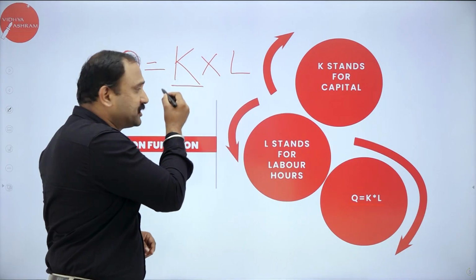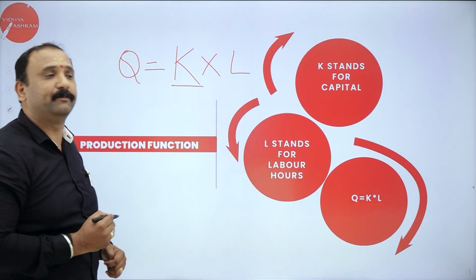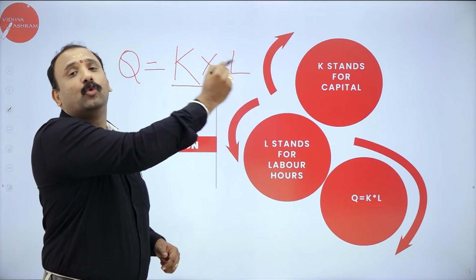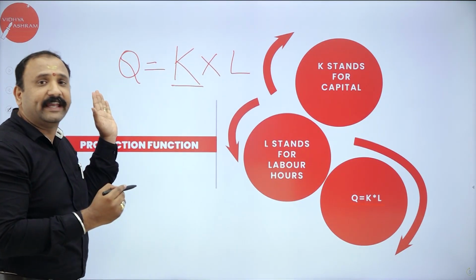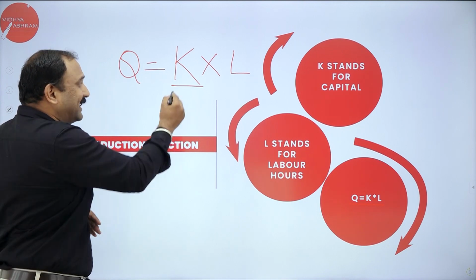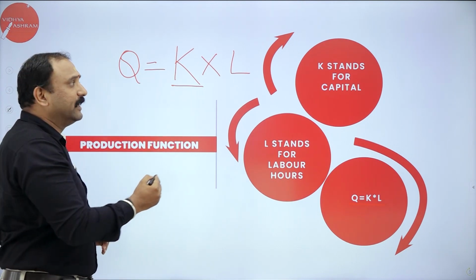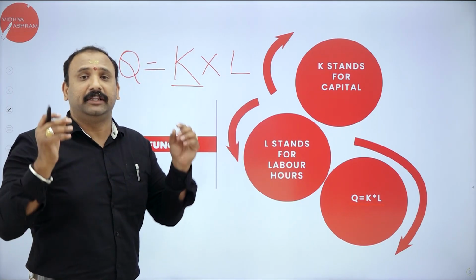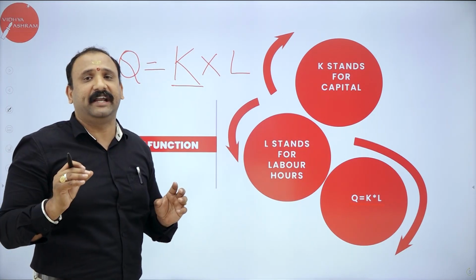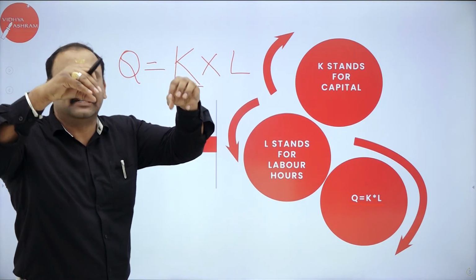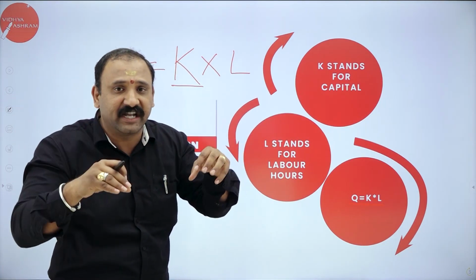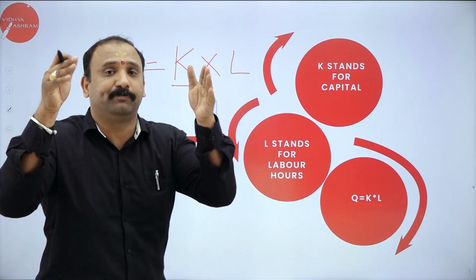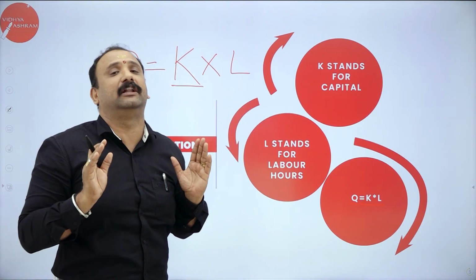So here the production function is represented by the formula Q is equal to K into L. So your quantity output is equal to capital, K for capital, and L stands for labor hours. So that means the quantity is decided on the capital that is invested into the man hours, that is the labor hours that is put for producing that particular product.